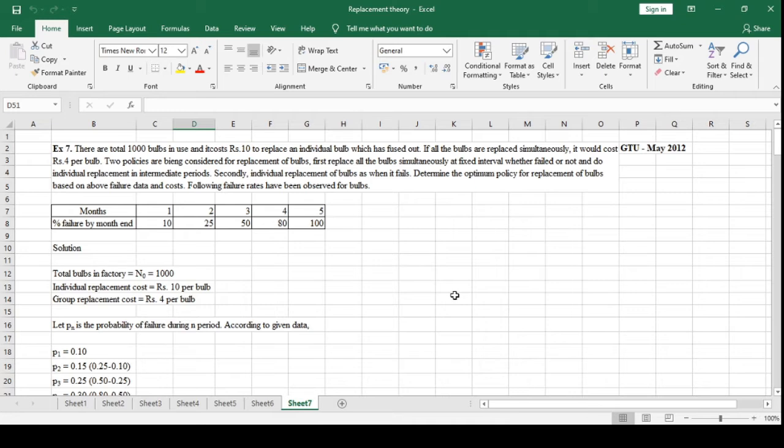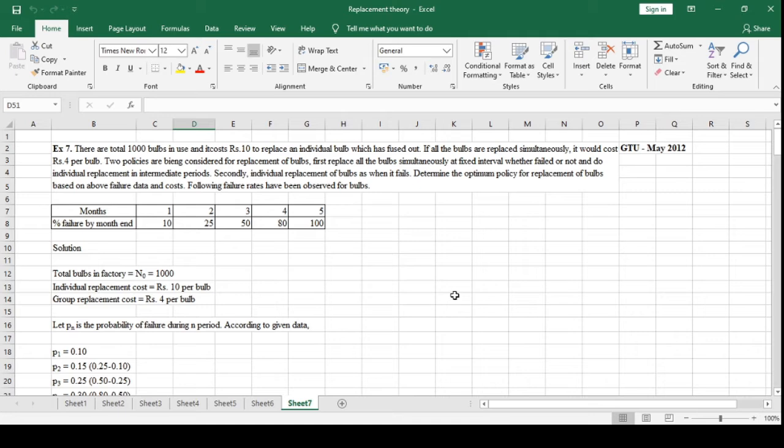But if you replace all those tube lights after a certain period of time, that is after 5 months or 6 months, then the replacement cost per tube light is 80 rupees. So replacing in group has low cost and individual replacement has higher cost.